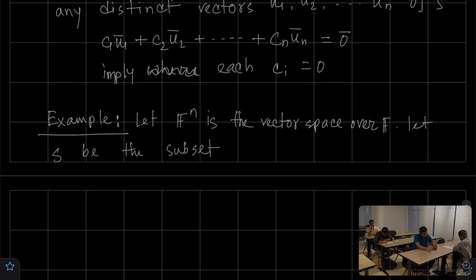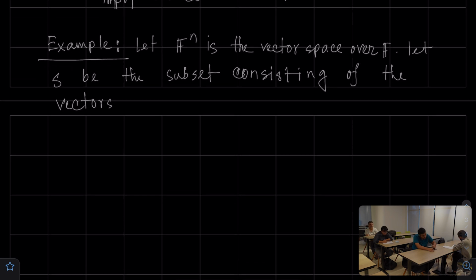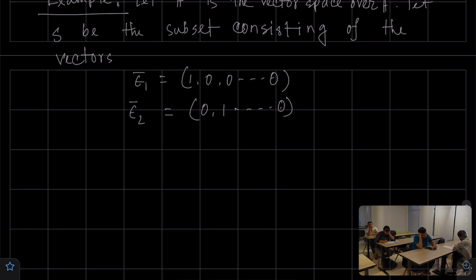Let S be the subset consisting of the vectors epsilon 1 equals 1, 0, 0; epsilon 2 equals 0, 1, 0; I think you can put 0 at the end.